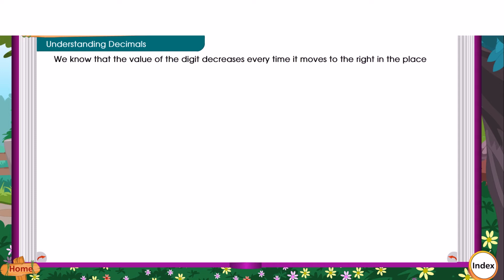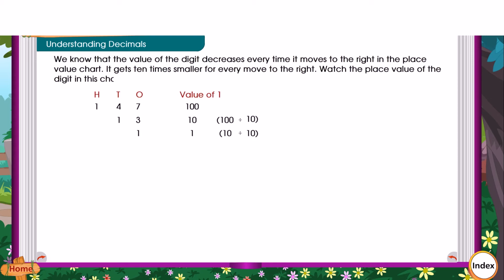Understanding decimals. We know that the value of the digit decreases every time it moves to the right in the place value chart. It gets 10 times smaller for every move to the right. Watch the place value of the digit in this chart. Tenths.